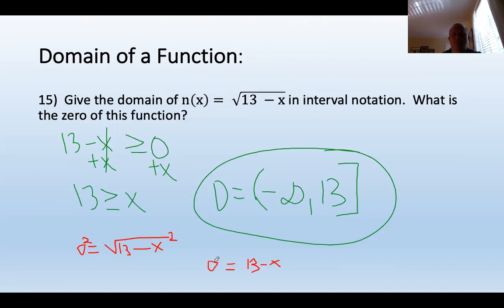So then we would just want to solve for x, so we would add x to each side to cancel the negative x out. And you'd have x equals positive 13 as your final result for your 0. So the 0 is just x equals 13.